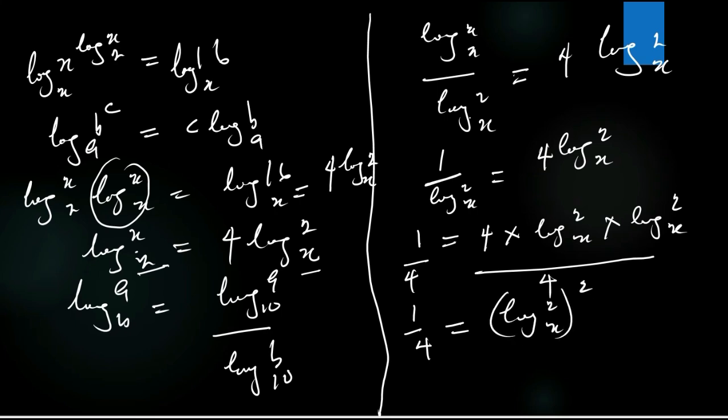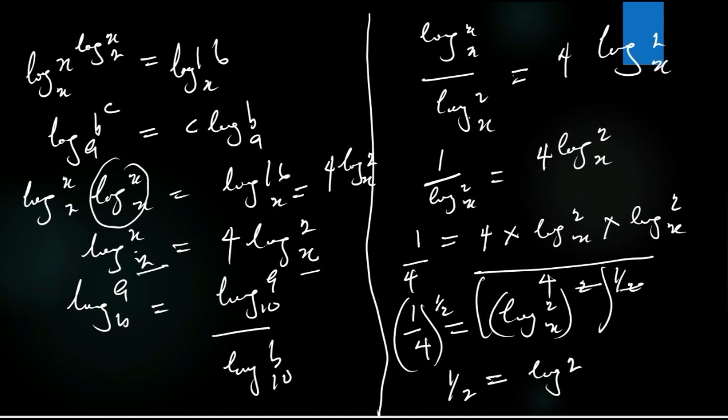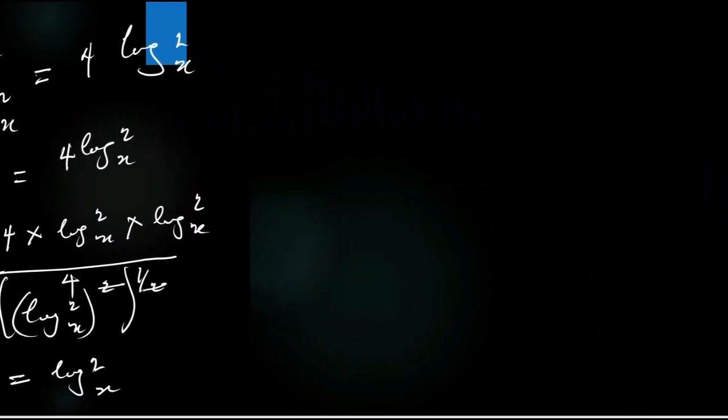Now, if we take square root of both sides, I'll take square root of this side, and same thing, I'll take square root of this side. This becomes half equals log 2 base x.